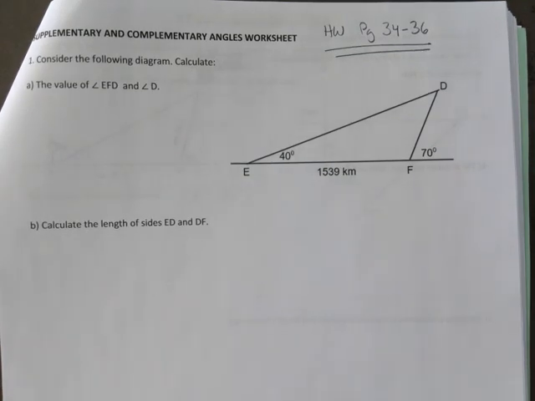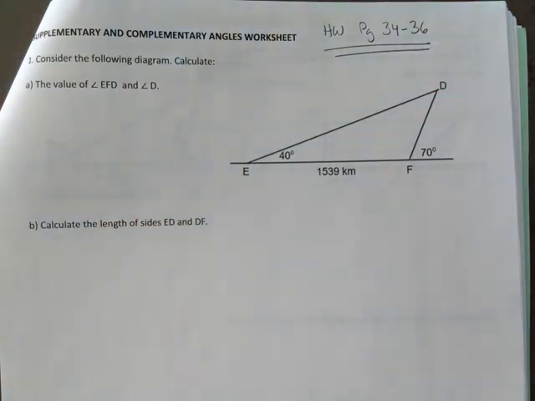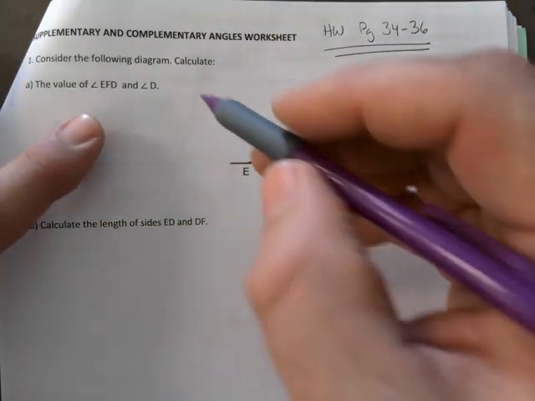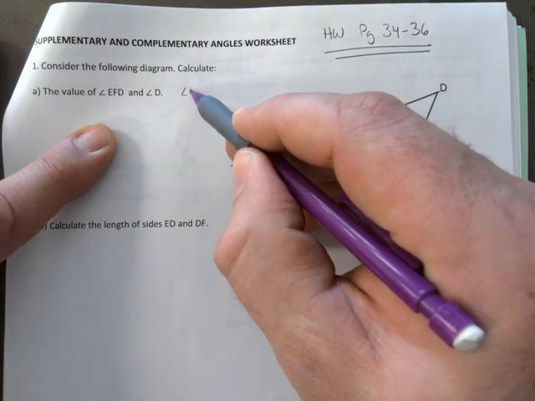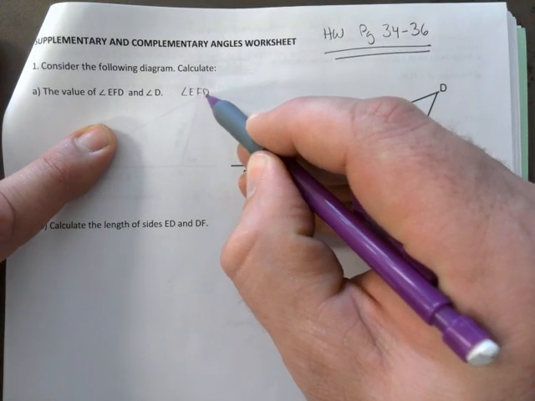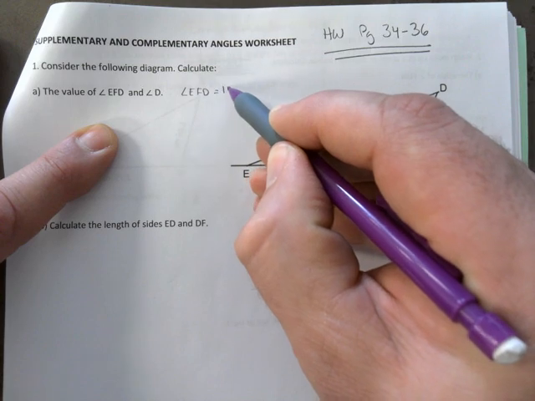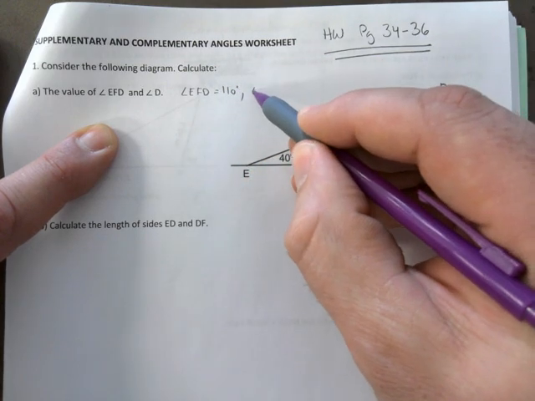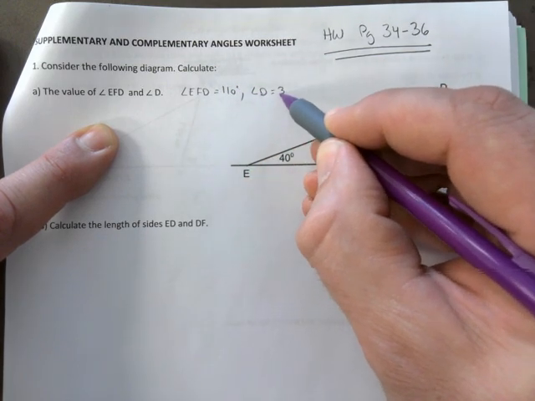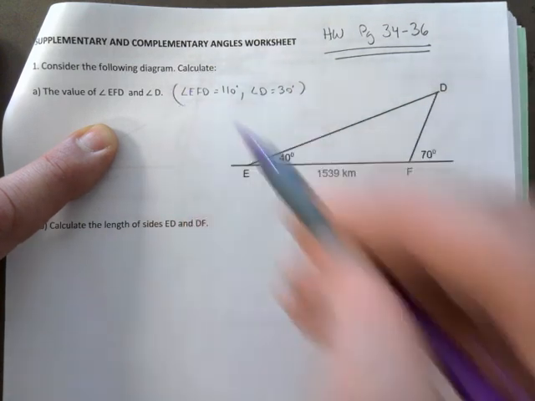I'm going to let you struggle with it a little bit. Here are the answers, though, for the first page. It's going to be on Google Classroom, but maybe write this down. Angle EFD is 110. Angle D is 30. I'm walking you through this, basically.